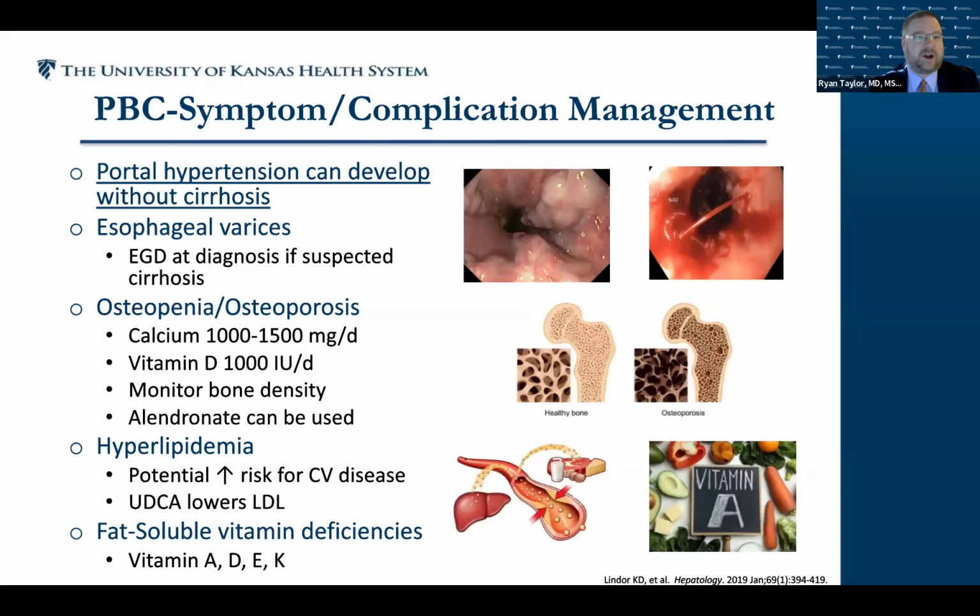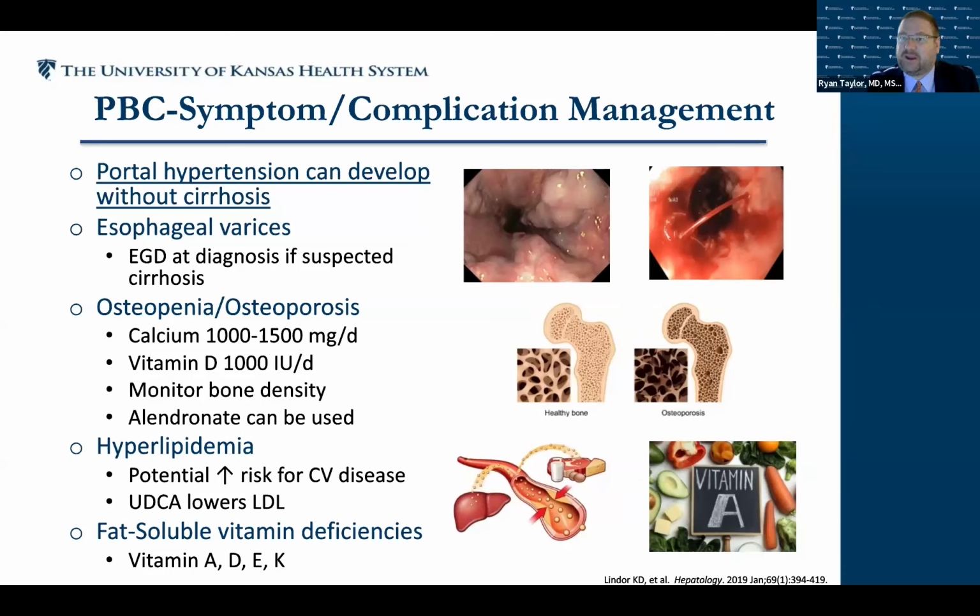So PBC can cause portal hypertension without cirrhosis, and so we do occasionally see patients will develop features of portal hypertension, specifically esophageal varices, which can bleed, and so we do a baseline EGD at diagnosis to evaluate for varices. Also, to tie into women's health, we see a high predominance of bone disorders in these patients, specifically osteopenia and osteoporosis.